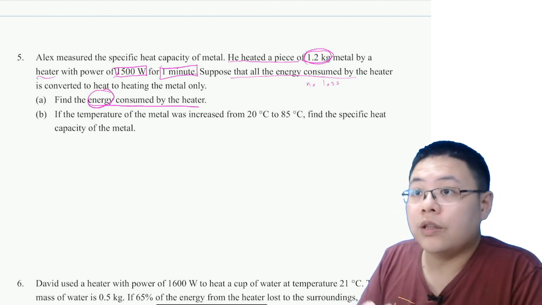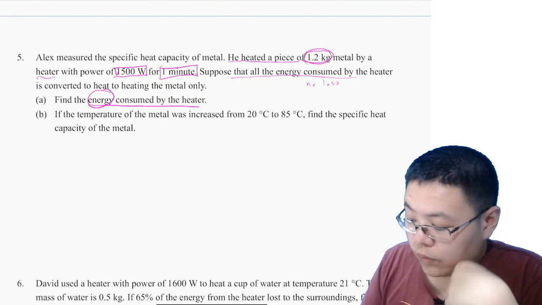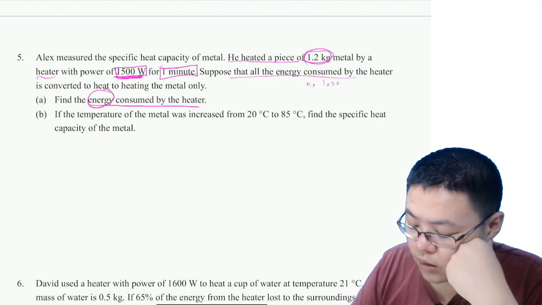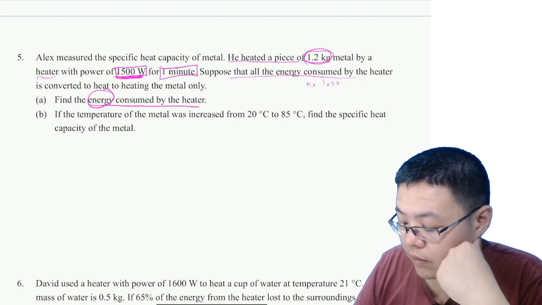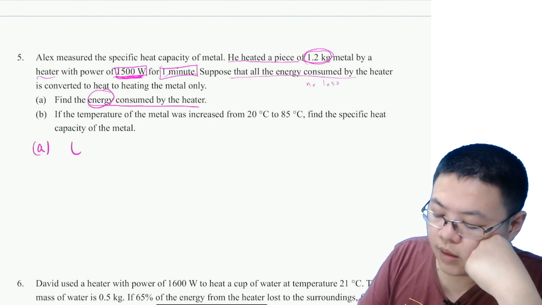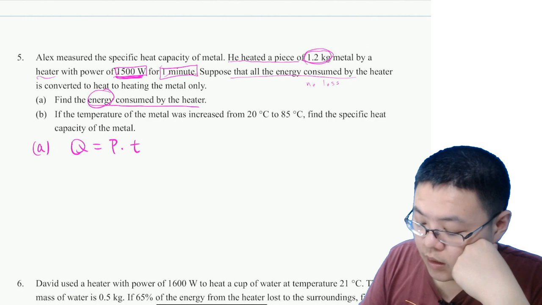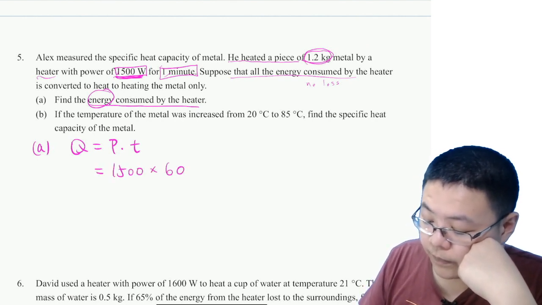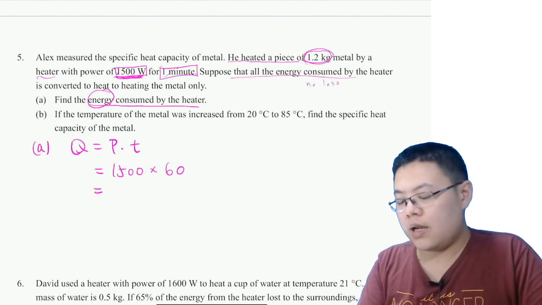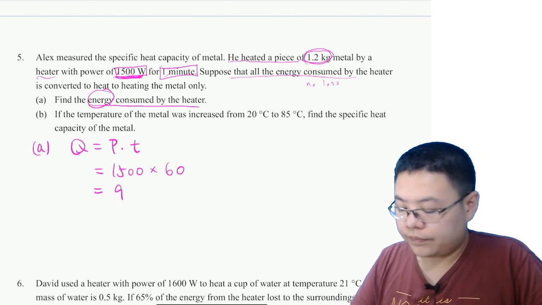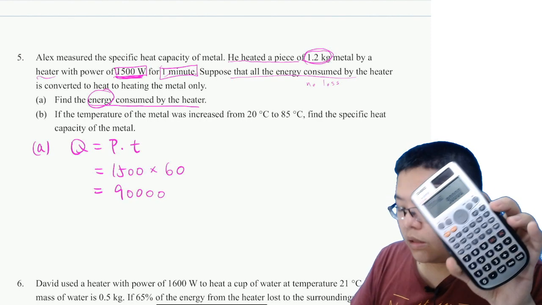So both equations are possible, but all we know about the heater is this 1,500 and 1 minute. So the energy here we use Q equals power times time. Then this is 1500 times 60 seconds. Therefore 90000 joule.